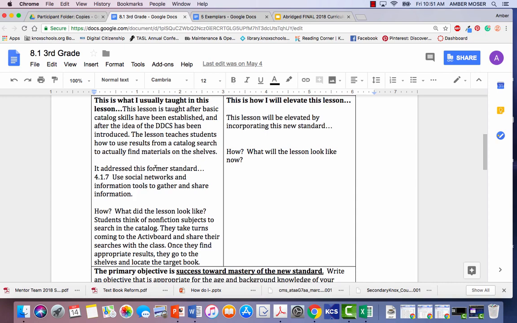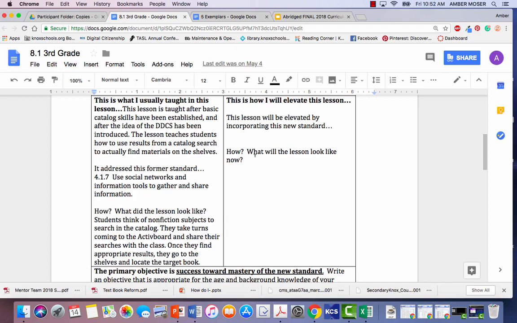Then you're going to have to read over the standards document and find a competency that's a natural fit for this lesson. And then you're going to sketch out in your mind, or you can type it on your own copy there in your folder, kind of create a sketch for what this lesson would look like now.